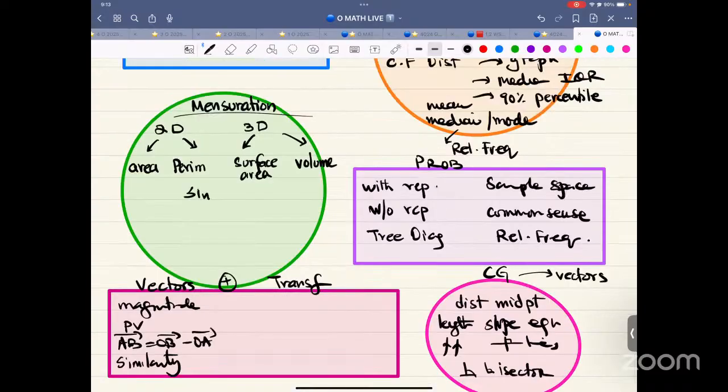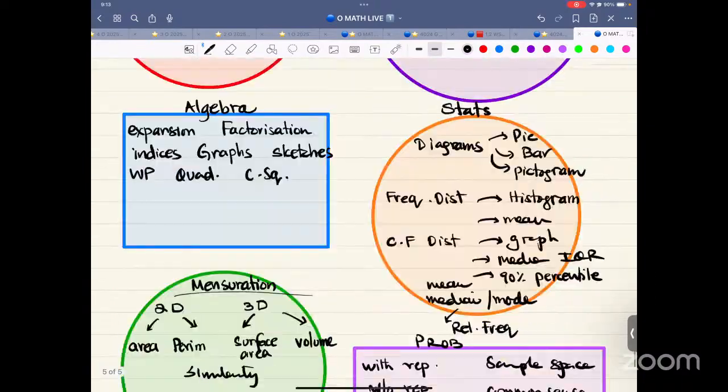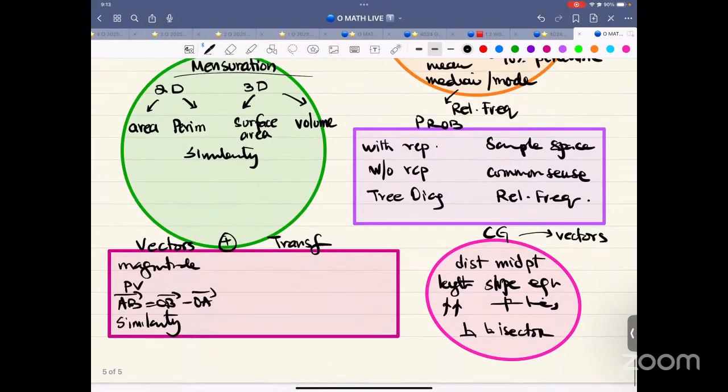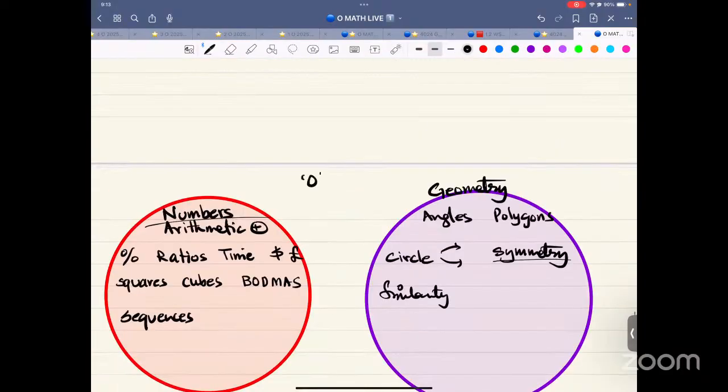Similarity is also there in mensuration. And did I write symmetry over here? Yes, I've written symmetry. So now transformation, there is rotation, there is reflection, there is translation. And what's the fourth one? That is enlargement. So technically, that is the whole O-level math syllabus.